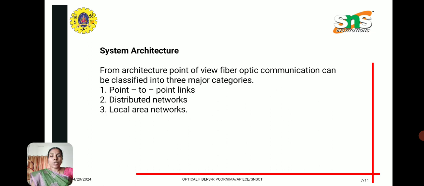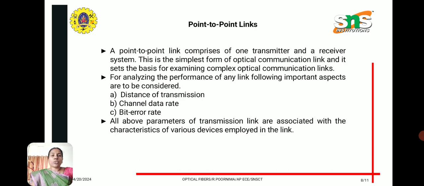Next is the system architecture. From an architecture point of view, optical fiber communication can be classified into three major categories: point-to-point links, distributed networks, and local area networks. A point-to-point link comprises one transmitter-receiver system.